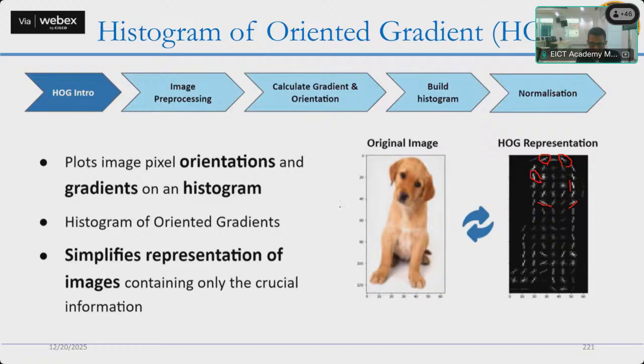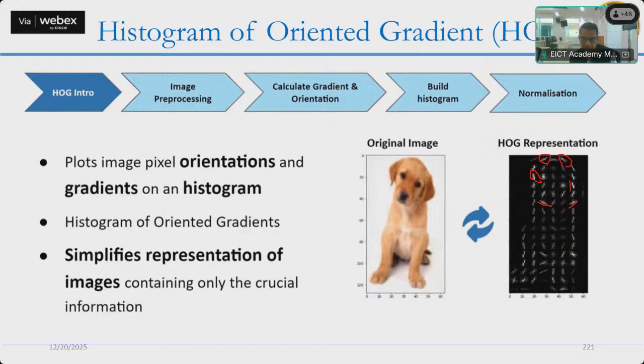You plot the image pixel orientation gradients on a histogram, and that simplifies the representation of the image. Remember the earlier problem: the histogram has one basic problem, that even when two different animals are there, the histogram of pixel intensity may cause problems. That's why we sorted out that problem and moved in another way, because the feature vector is a more advanced task, where you need to take decisions.